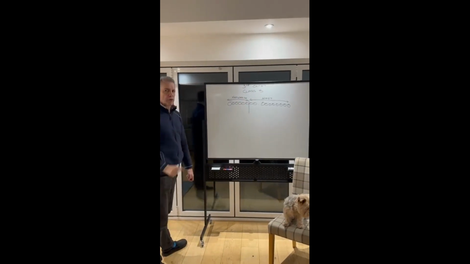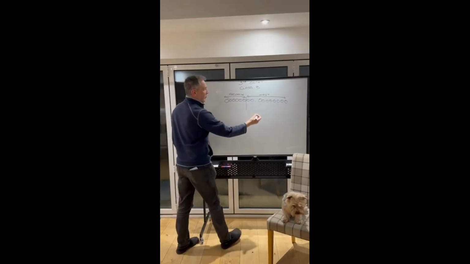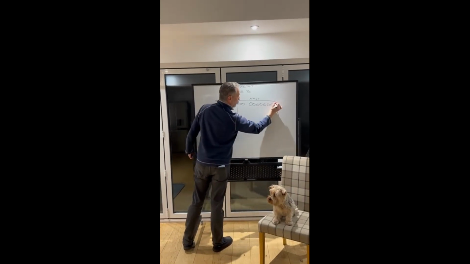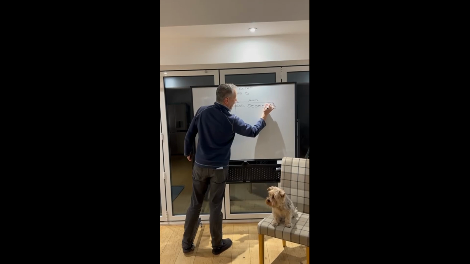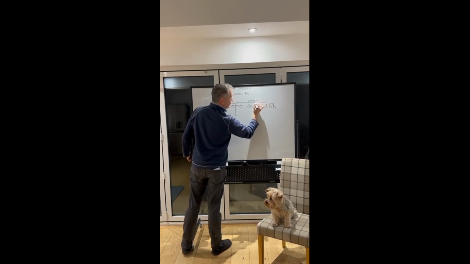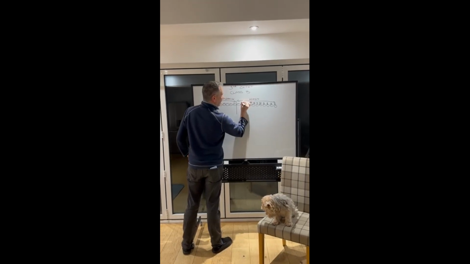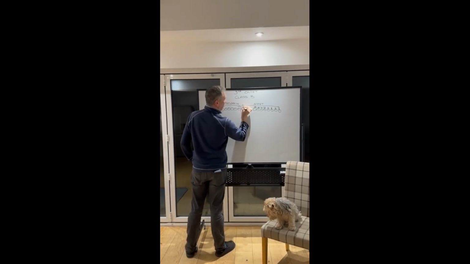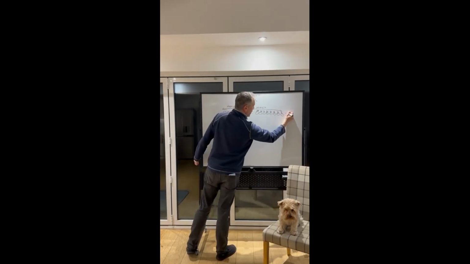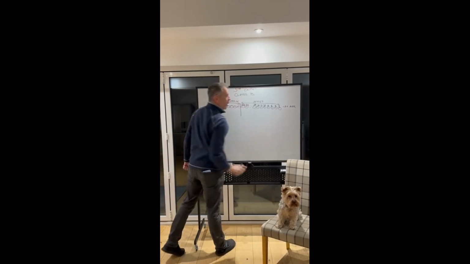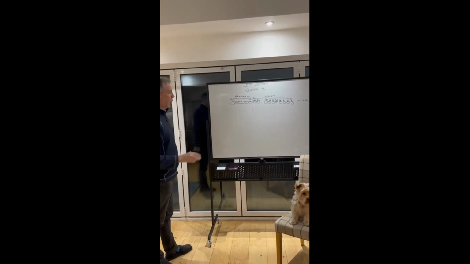So how many hosts do we actually get? Well, if we start at 2 and we double all the way across, we get 2, 4, 8, 16, 32, 64, 128, 256, 512, 1024, but we have to minus 2, so we end up with 1022 hosts per network.